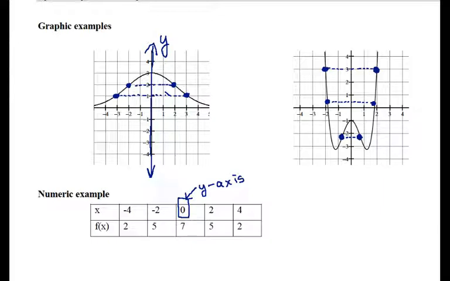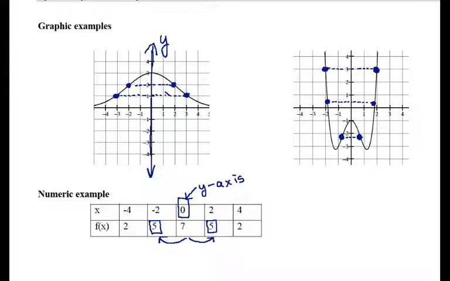What matters is that as we step 2 units to the right, which is really just one box in this case because we note that our x values are increasing by 2 at a time, I get a 5. And if I step 2 units to the left in my x values, I also get a 5. So this is what the symmetry looks like when I'm just looking at values, right?